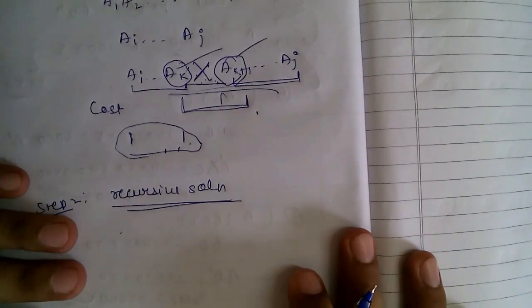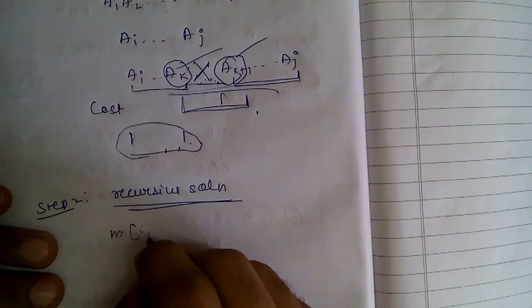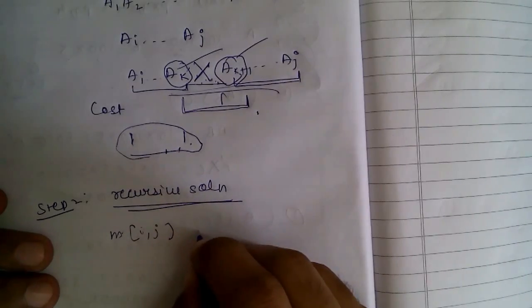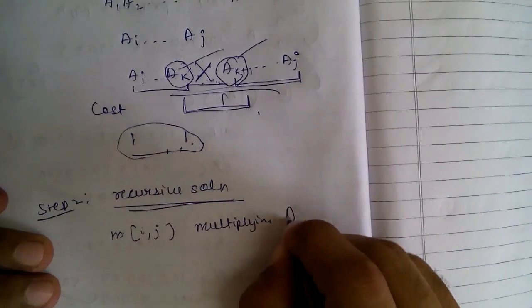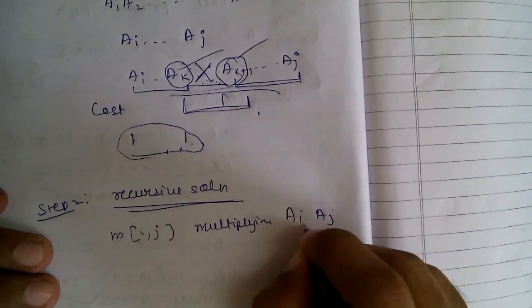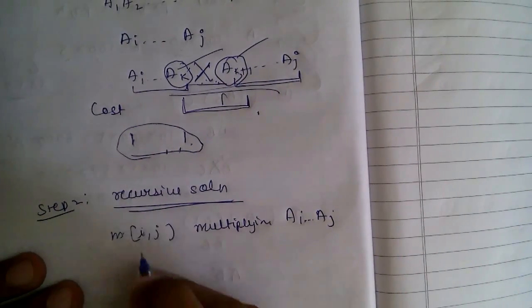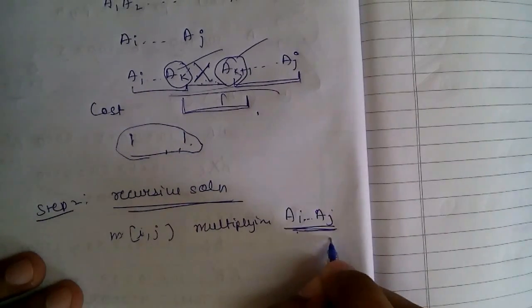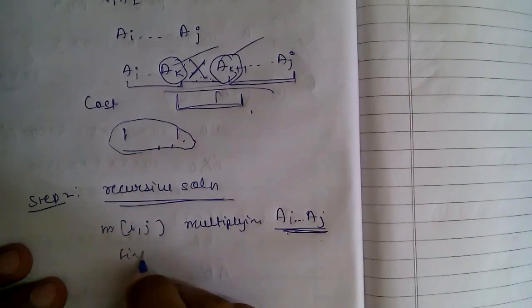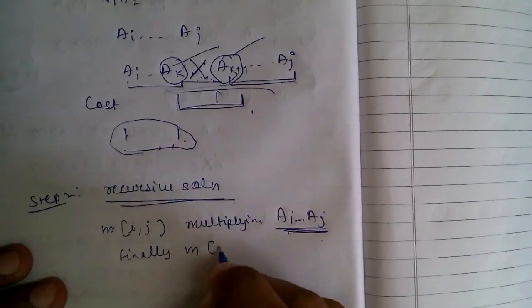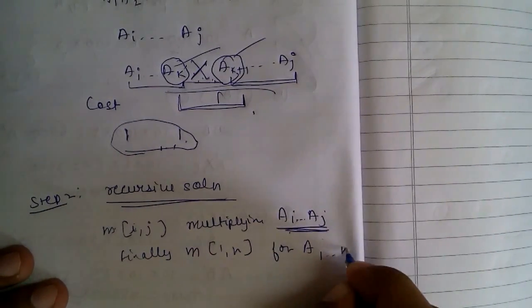Let's say the cost is m of ij, be the cost of multiplying A of i to j. For any substructure A of i to Aj, the cost is m of ij, and finally our goal is to find the cost of m of 1 to n for A of 1 to n.